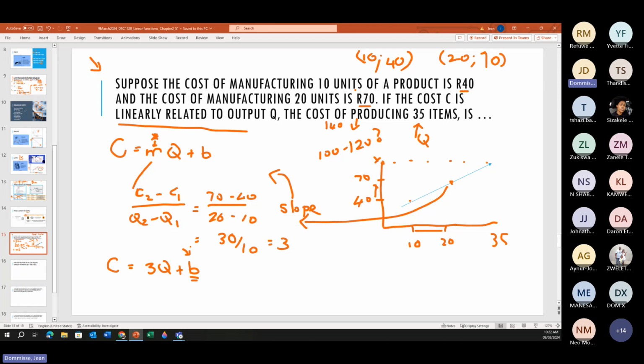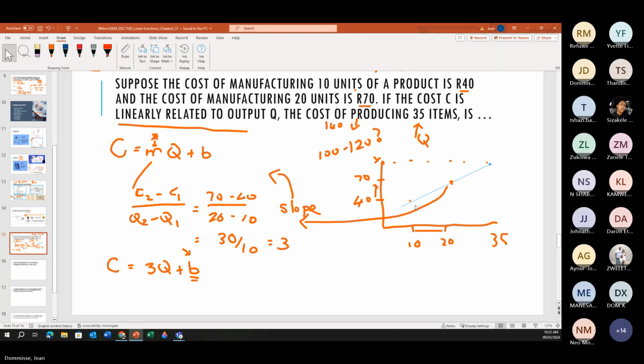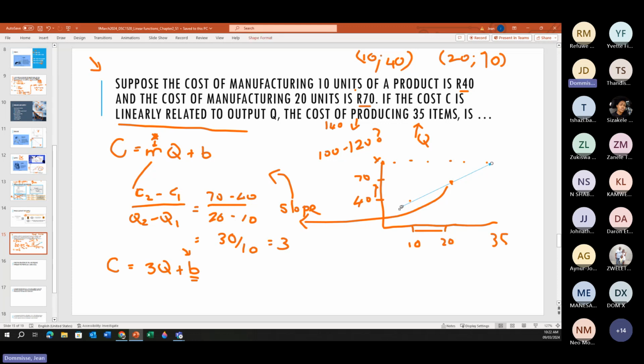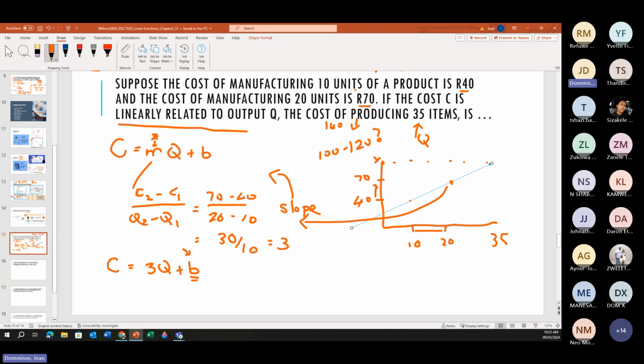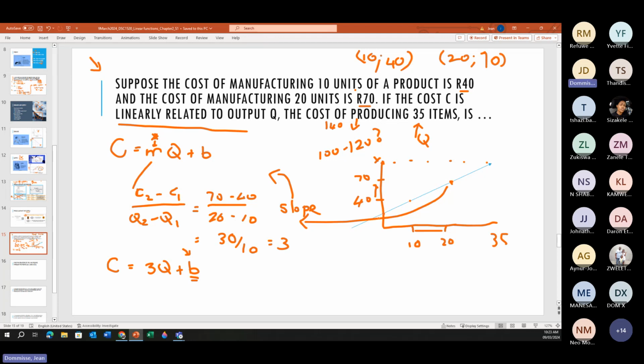So we first need to find out where this line is actually crossing the axis, this intersection. We don't know yet what that point is. Again, we can guess it's 20 or something like that, purely a guess, probably wrong. But we need to work out that B first.